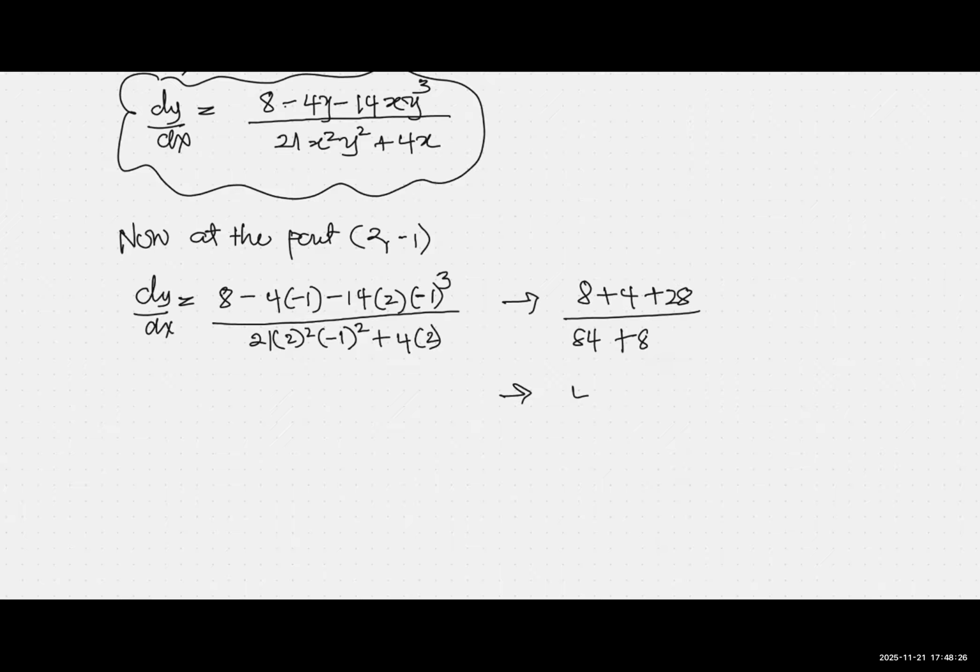Over 84 plus 8, that's 92. So I have 40 over 92. Yes, it can be broken down; simplifying will give me 10 over 23, or 0.4 approximately.